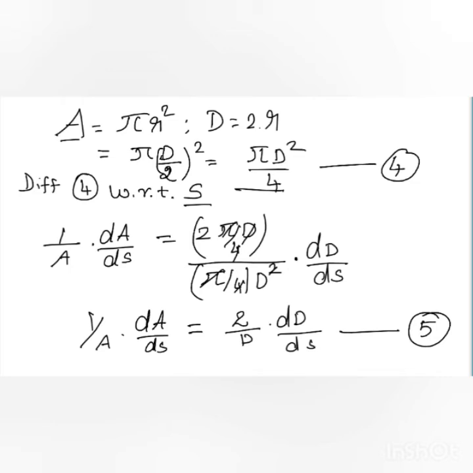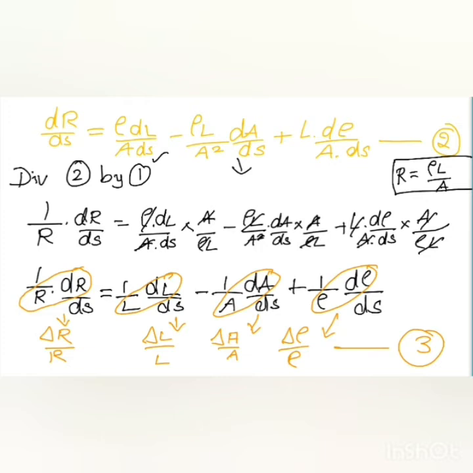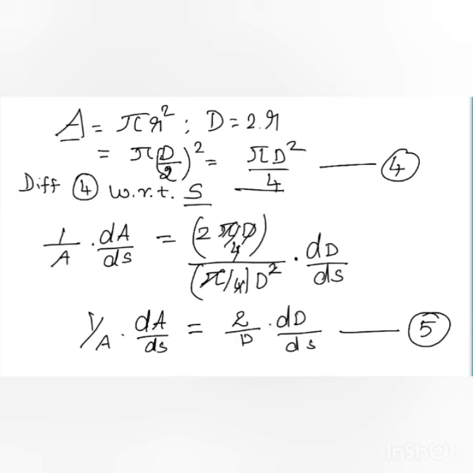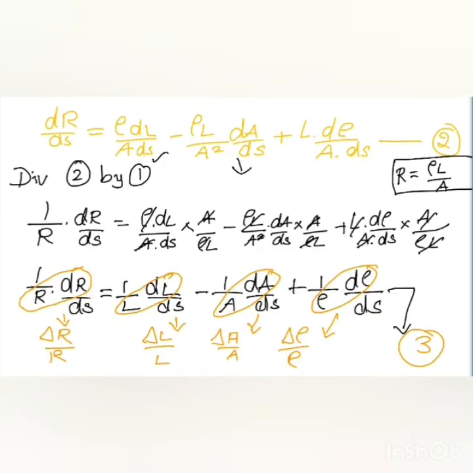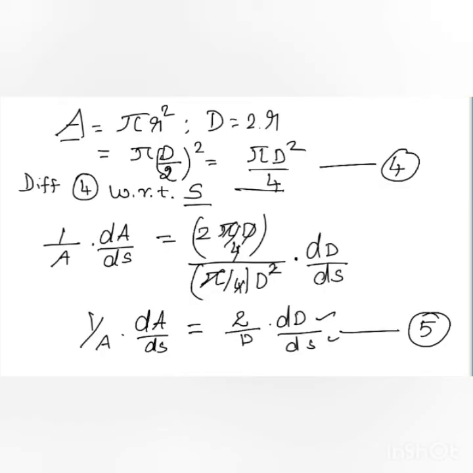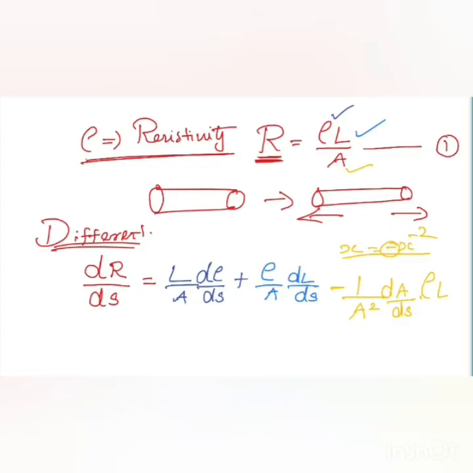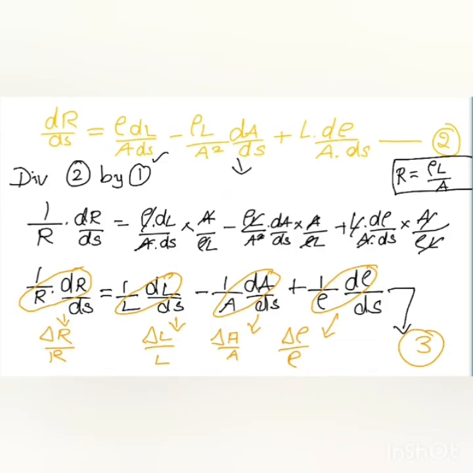Okay, so now what I'm going to do is, look at this equation carefully. I'm going to use this equation in equation number 3. We got this equation, right? Okay, I made a mistake. This is our equation number 3, right? So in this equation, I'm trying to use this part, dd by ds. Do we have dA by ds? Yes, we have dA by ds, right?